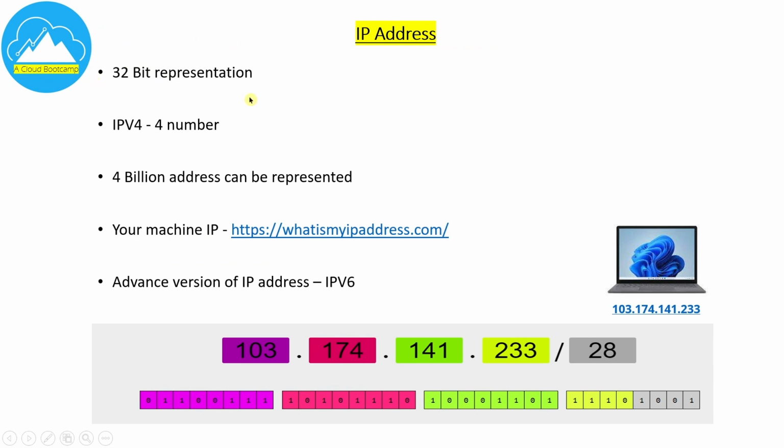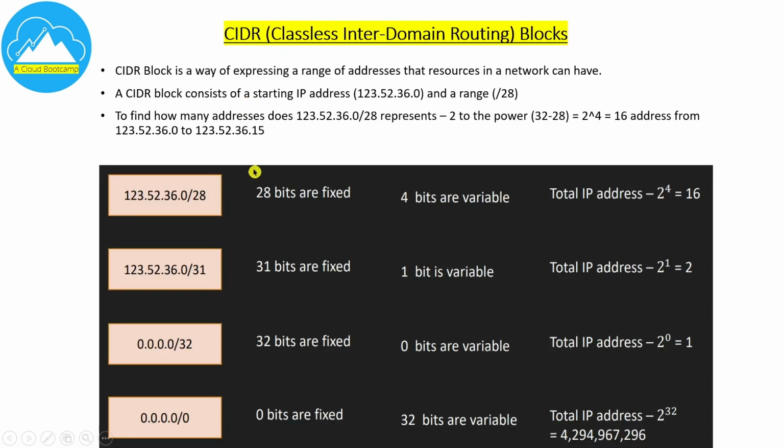So from 32, we are fixing or reserving 28 bits. So how many bits are available with us? It's 4 bits. And the formula to calculate the total IP addresses which we can use out of this CIDR is 2 to the power n. And n over here is 4, which is 2 raised to 4, which is 16.